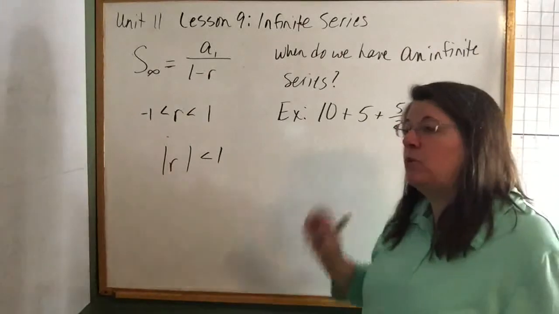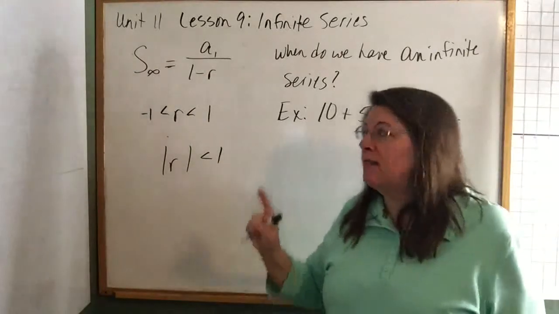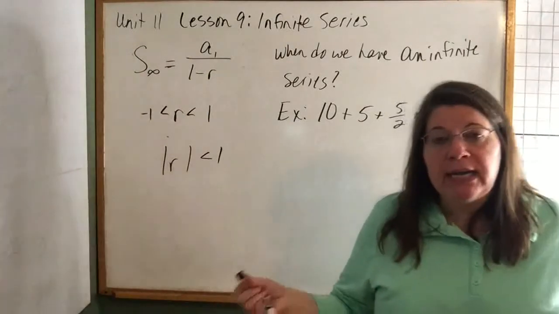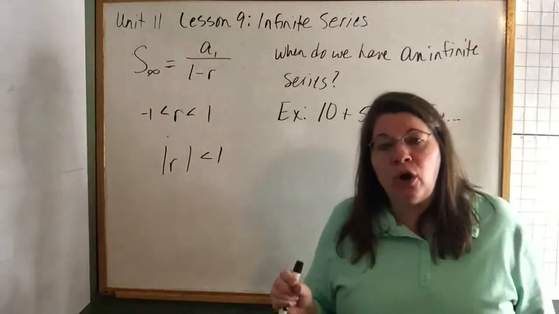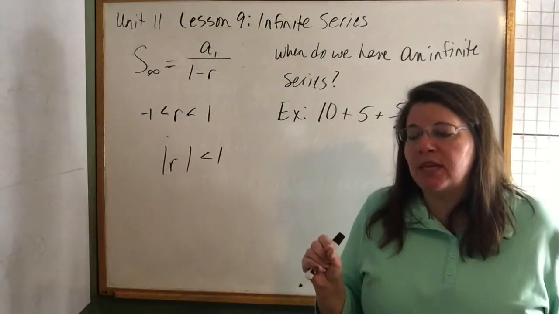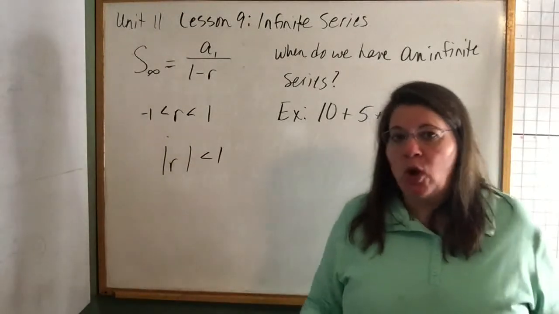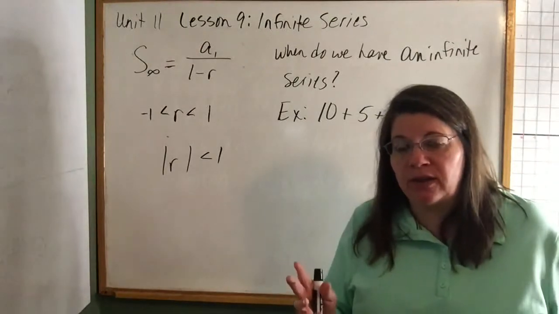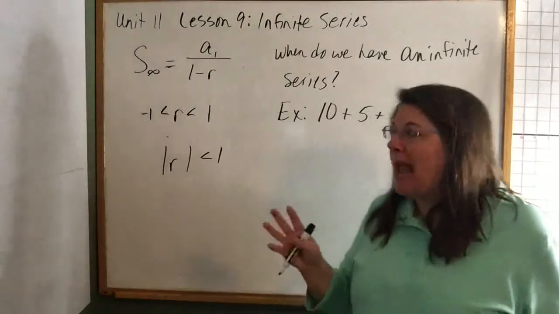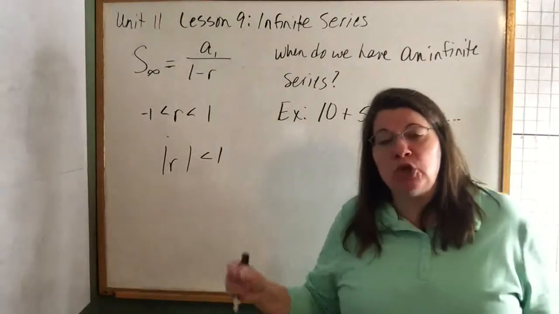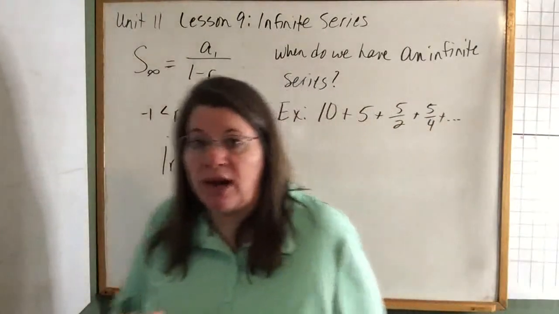And the difference between a series that is infinite and a series that we've covered so far is that in the series we've covered so far, remember, we've only added up specific terms. So we may have said go from the 1st to the 5th term, or the 100th to the 105th term. Add those terms together in a series. So now we're talking about series that eventually will come to a zero or a stop.